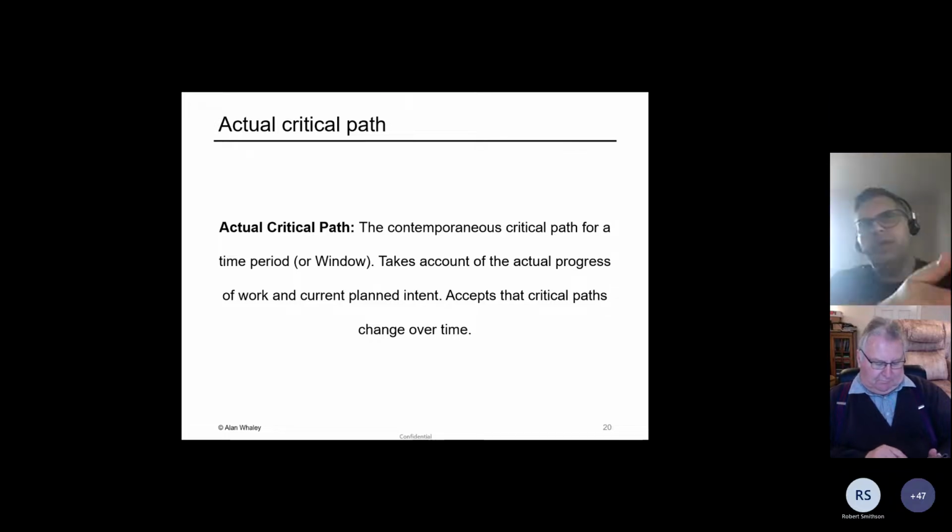And in each window, we're going to determine what the critical path was at that time. We don't just do this to make the report very long. We do this because we accept that critical paths change over time. So if you're building a house, your critical path might be running through the roof. But if the house falls down, then the critical path changes. It runs through the demolition and the rebuilding of the house. So it's pretty obvious that critical paths can change, and this approach takes into consideration that critical paths change over time.